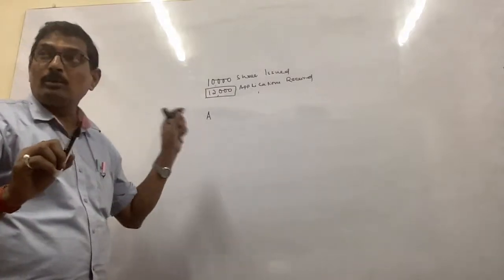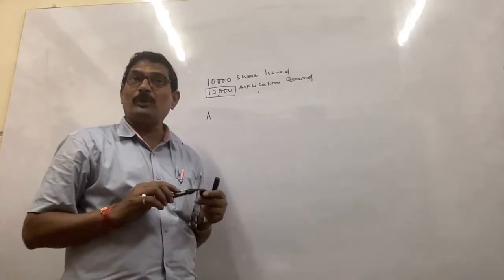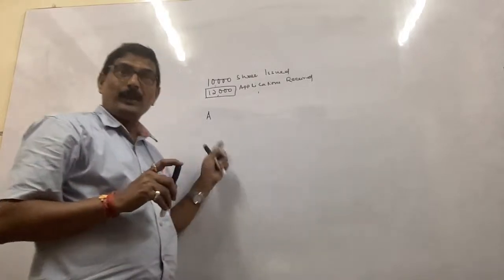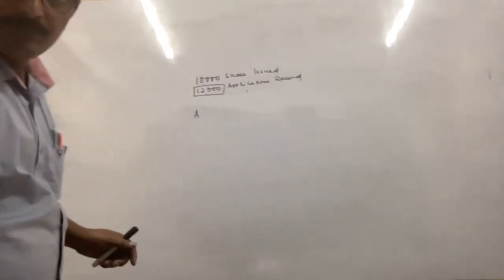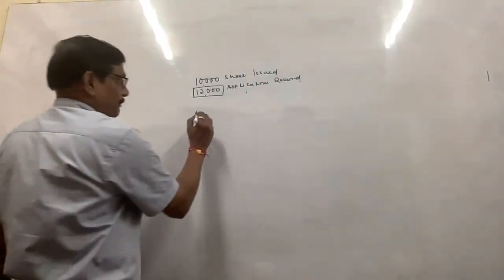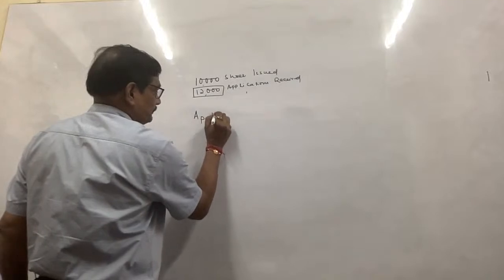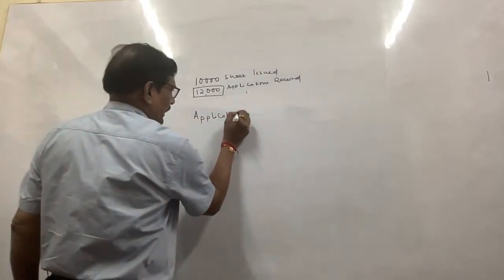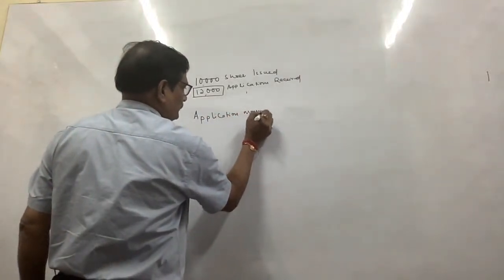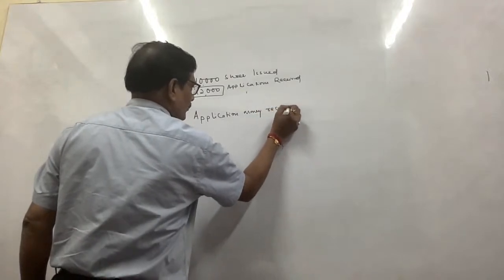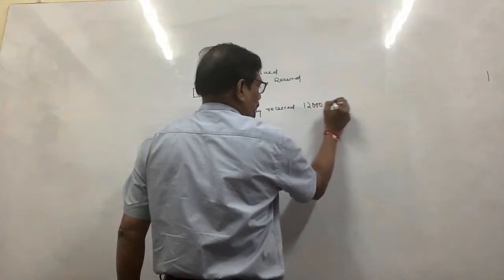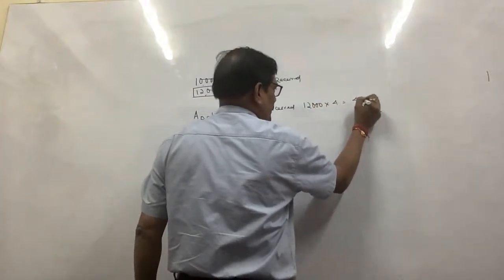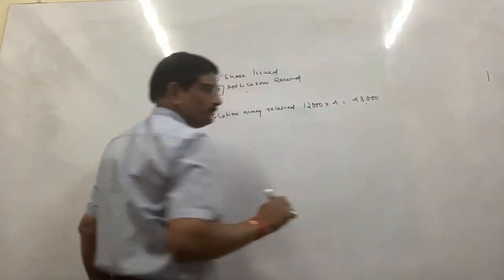Don't make any rough work; it should be fairly drawn and written very clearly. Right? So application money received will be 12,000 into 4, that is 48,000.